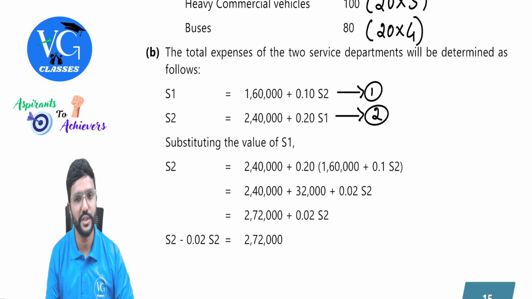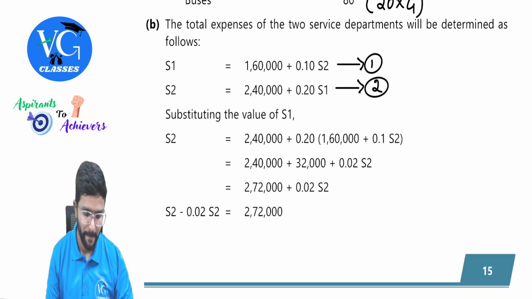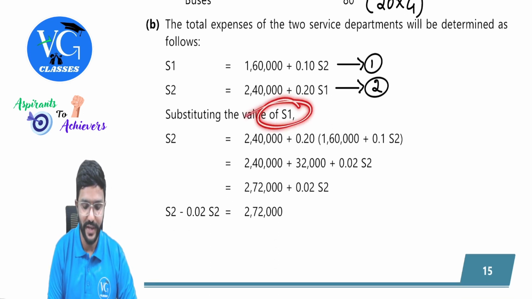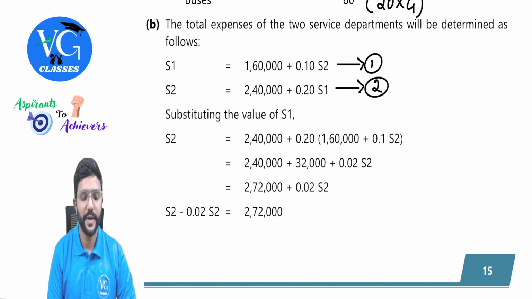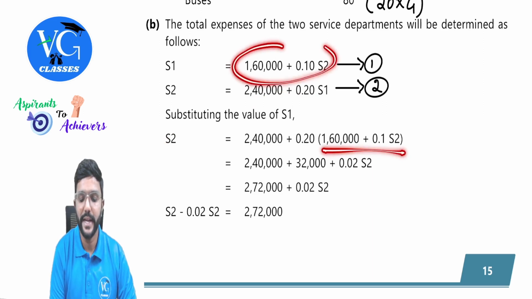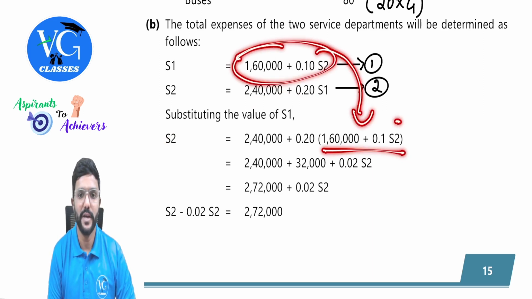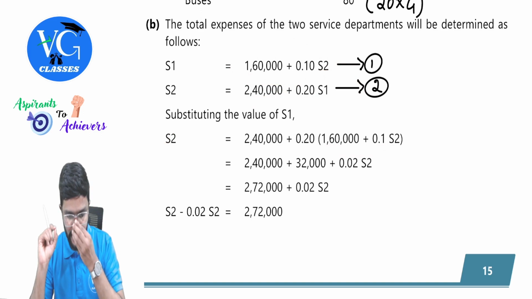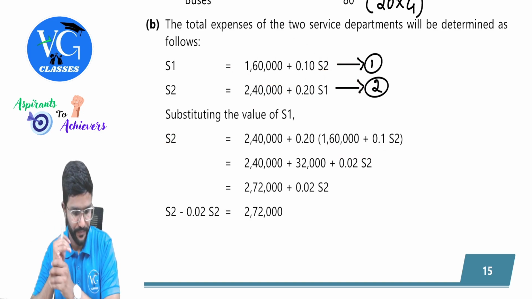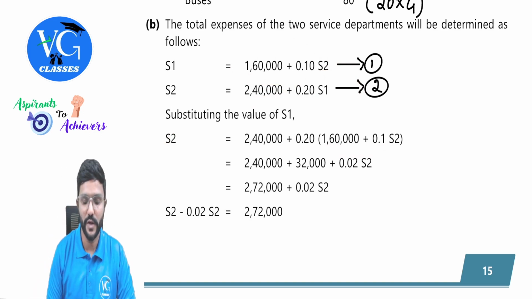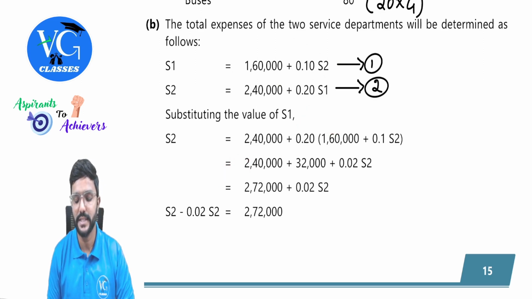So we have formed an equation. Let us substitute the value of S1 in S2. S2 is equal to 2,40,000 plus 20% of S1, and S1 is 1,60,000 plus 10% of S2. So solve it: 2,40,000 plus 20% into 1,60,000, you will get 32,000.